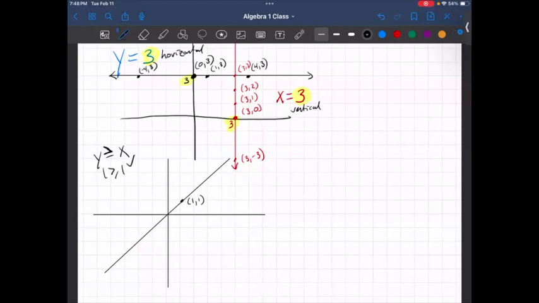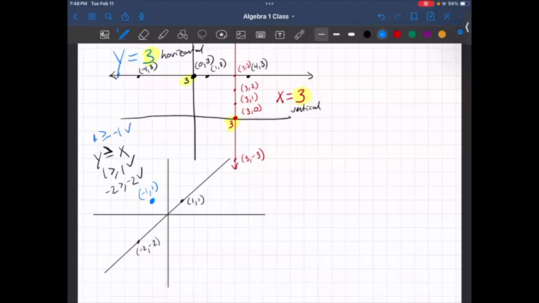Right? And this point down here would be (-2, -2), and -2 is greater than or equal to -2. Right? These are both equal to. But what about that greater than? What if I took, I don't know, this point? (-1, 1). Okay, so is 1 greater than or equal to -1? It is.